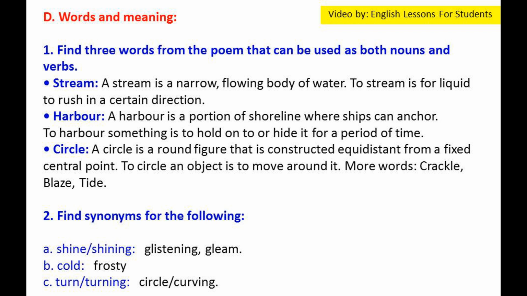Circle. A circle is a round figure that is constructed from a fixed central point. To circle an object is to move around it. More words can be crackle, blaze, tide. 2.